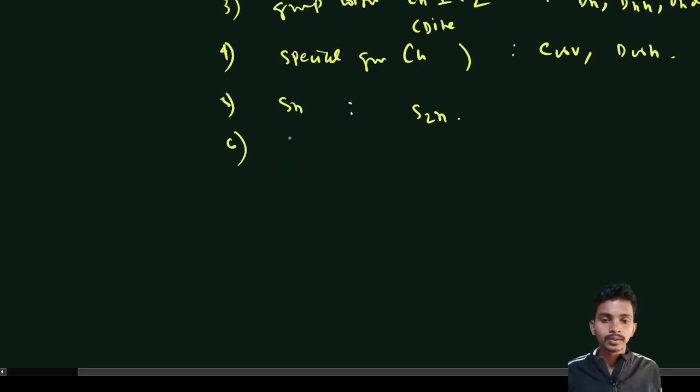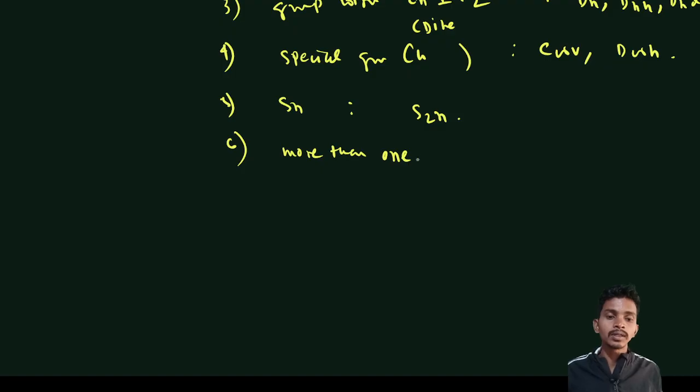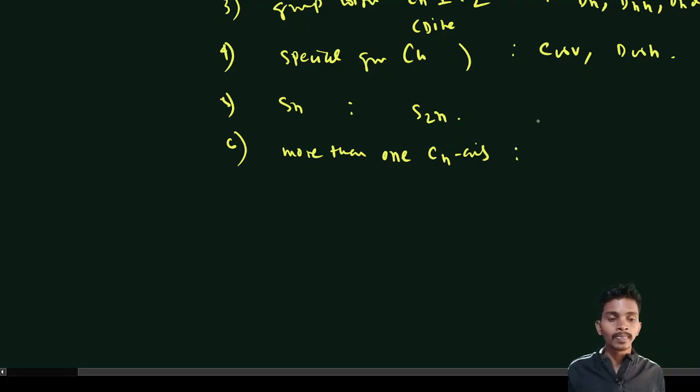the octahedral, cubic point groups, that have more than one Cn axis, meaning more than one Cn axis. So what type of groups do we have?